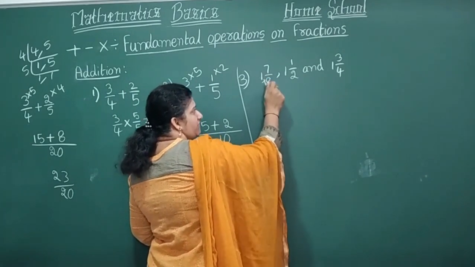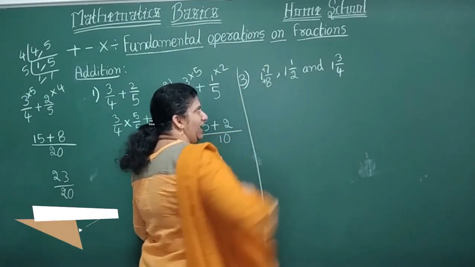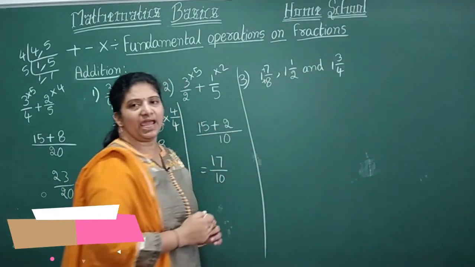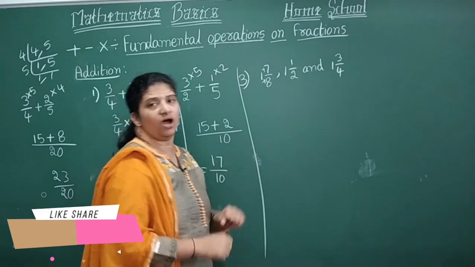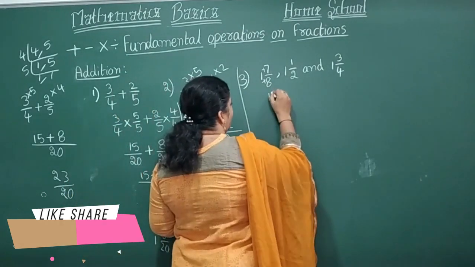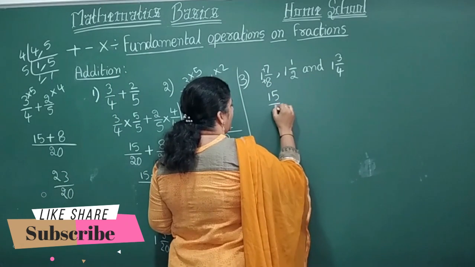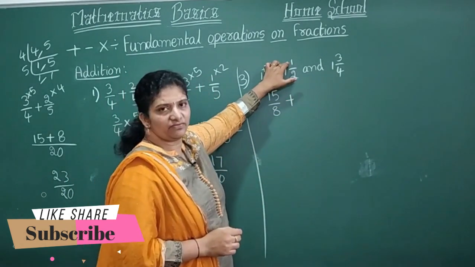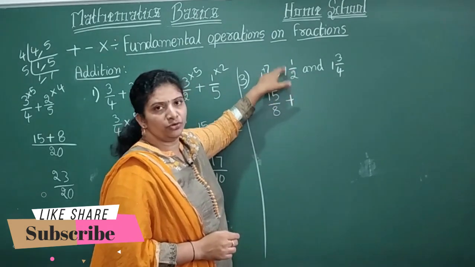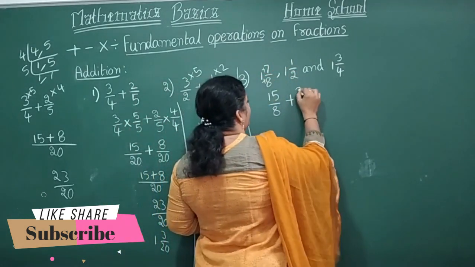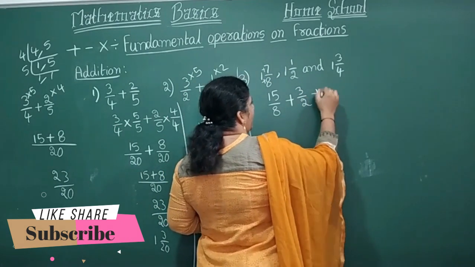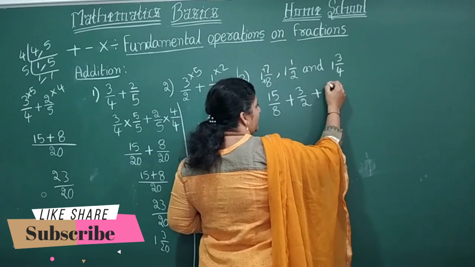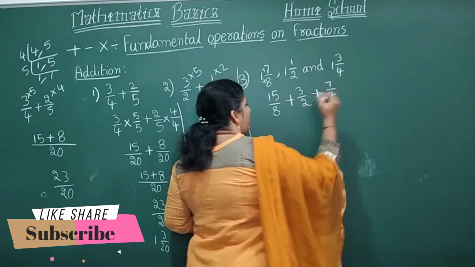These 2 numbers you will multiply and then add. 8 ones are 8. 8 plus 7, how much will it be? 15 by 8 plus. Again, these 2 multiply and add. 2 ones are 2. 2 plus 1 will be 3. 3 by 2. Plus, multiply this. 4 ones are 4. 4 plus 3 will be 7 by 4.